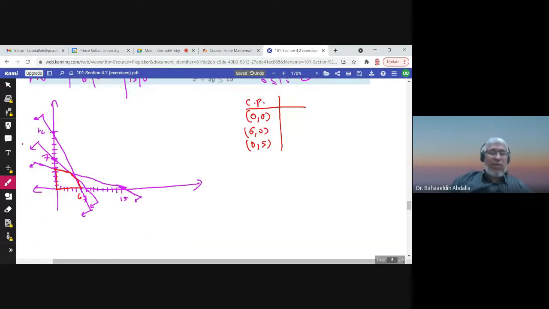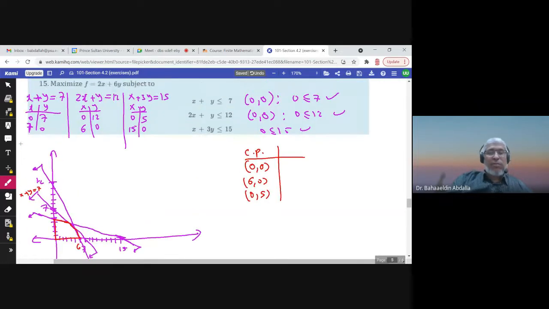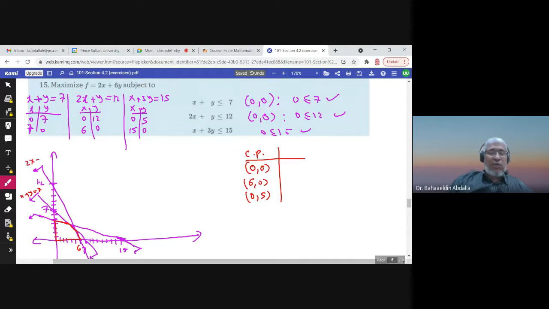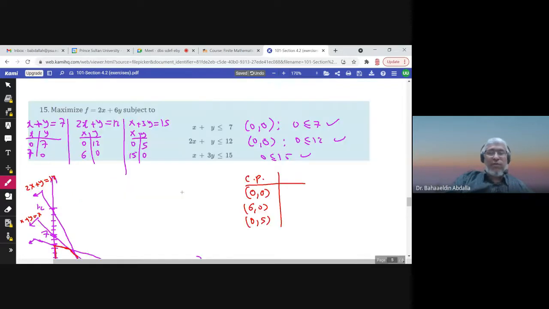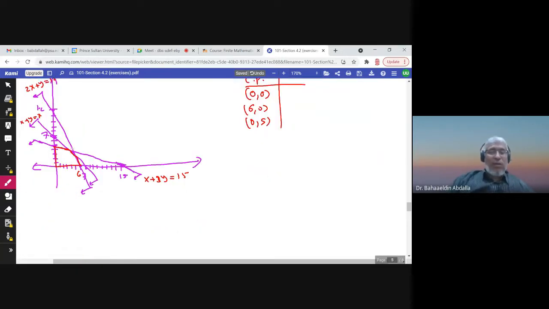This is the line x plus y equals 7. And this is the line 2x plus y equals 12. And this is the line x plus 3y equals 15. Now we need to find this point. Well, let us put the corner points in black.